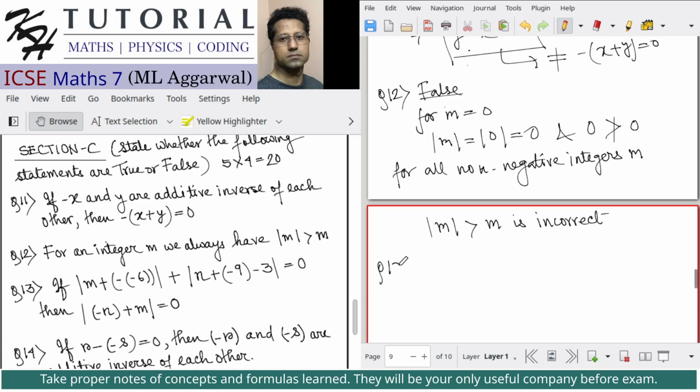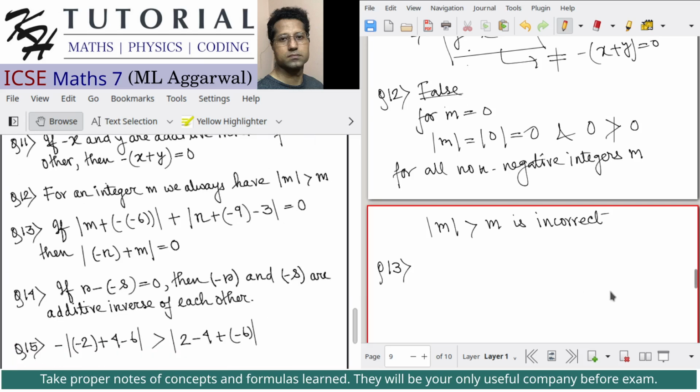Question number 13. Okay, so one equation is given related to absolute terms. We have absolute value of m plus negative of -6 plus absolute value of n plus -9 minus 3 is equal to 0.